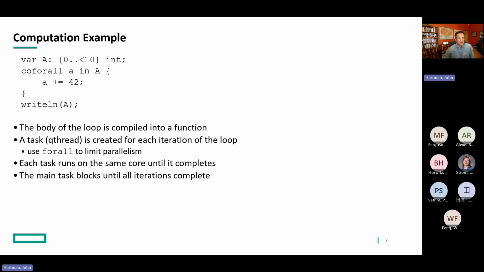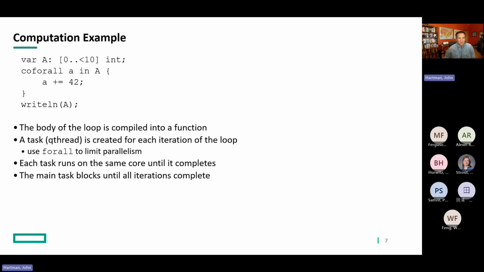And then it's going to create a task, a QThread, for each iteration of the loop. So it's going to go through and call that function. First of all, create the QThread for each iteration of the loop, in this case 10. And then it's going to have those QThreads start running the function that represents this body of the loop. And they're each going to be passed parameters that indicate which iteration you're doing.